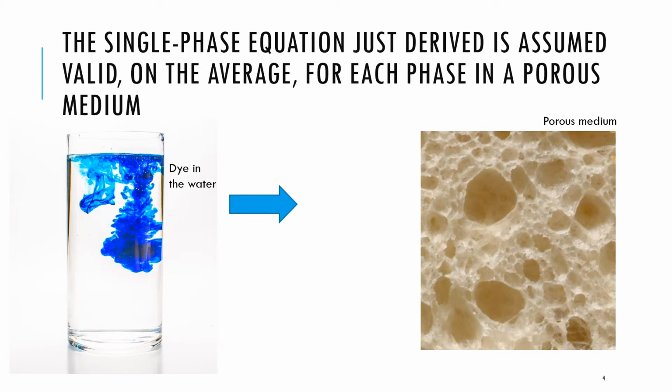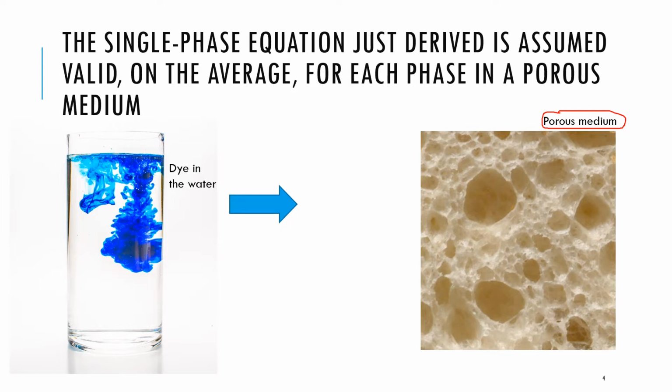The details are much more complex and it's not appropriate to bring those in here. What is important to know is that the equations work for a porous medium on the average. This averaging process has been well documented and one can read up on these details.